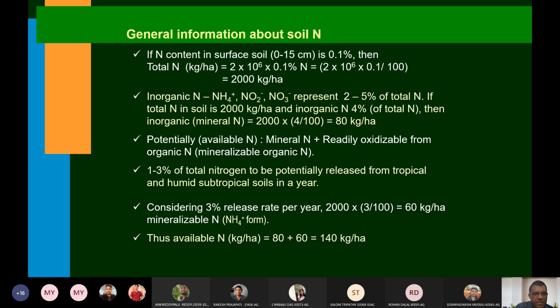Considering a 3% release rate per year, 2000 into 3 divided by 100, it will contribute about 60 kg nitrogen. So if you make the total of these two, 80 plus 60, it is your available nitrogen. It comes out to be 140 kg.